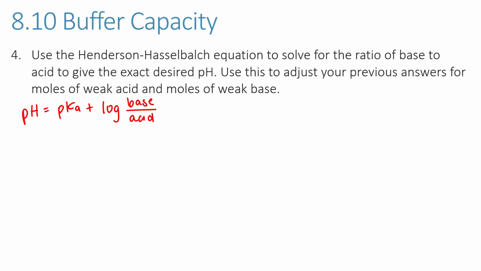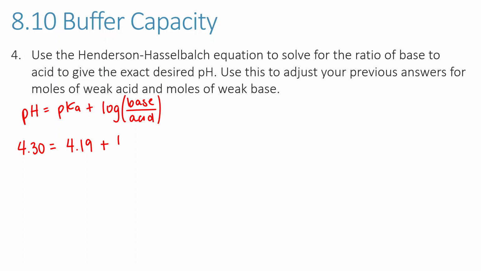So these concentrations here. We want to make a buffer that has a pH of 4.3. So 4.3 is going to be equal to the pKa of the acid that we've selected. And since we've selected benzoic acid, my pKa we've already calculated is 1.49.